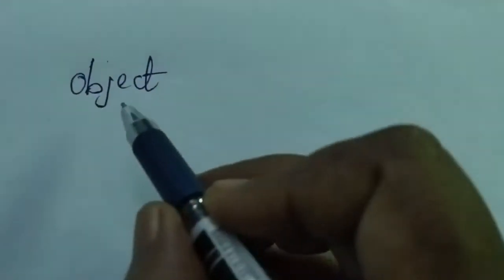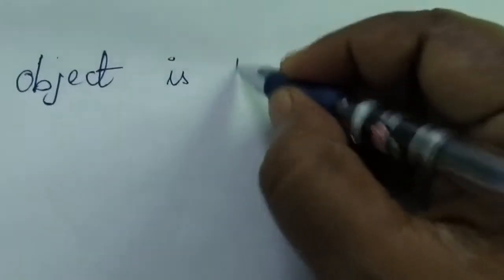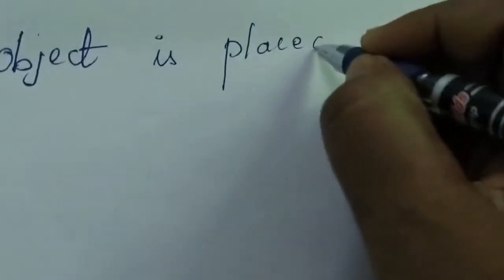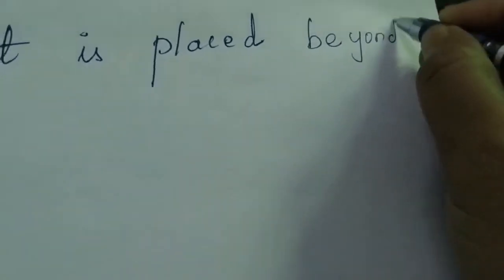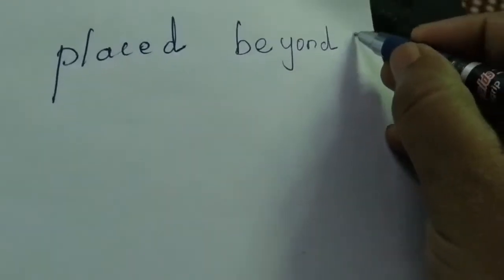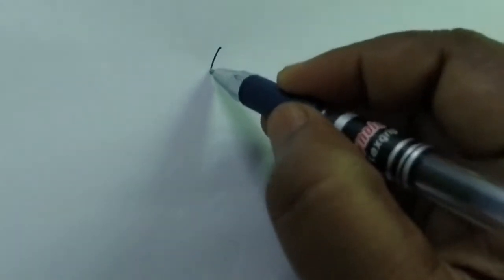Our second condition: when the object is placed beyond C. So this is the convex lens.